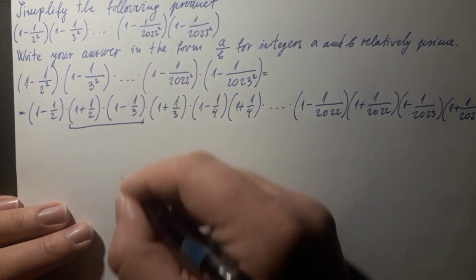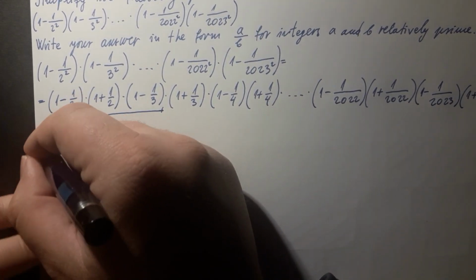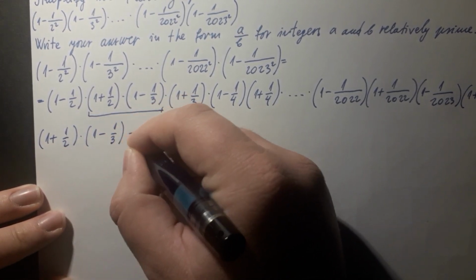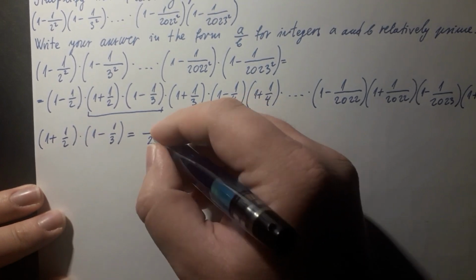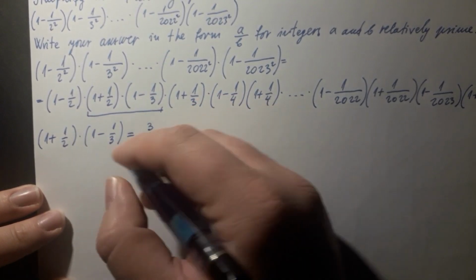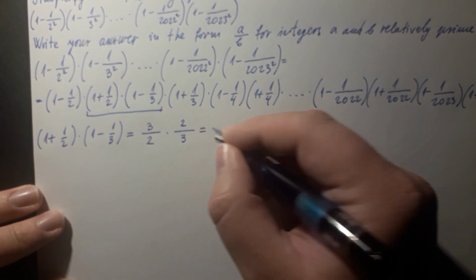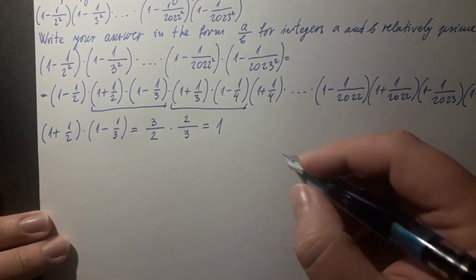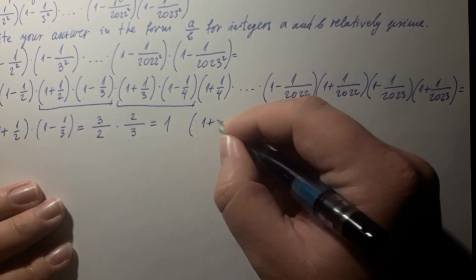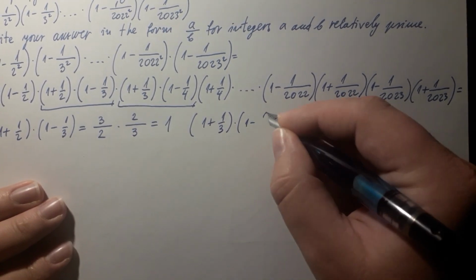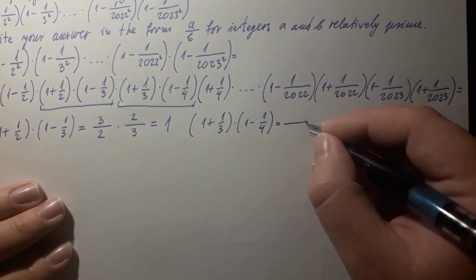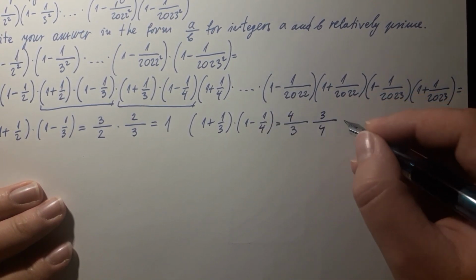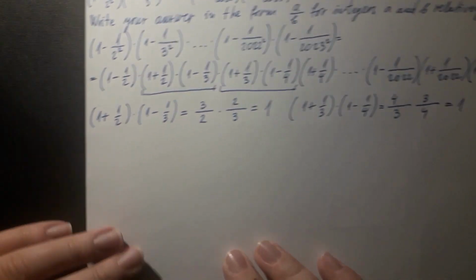Let's look at this multiplication right over here. 1 plus 1 half times 1 minus 1 third is equal to 3 over 2 times 2 over 3, and that is equal to 1. If we look at this multiplication right here, we're going to get 1 plus 1 third times 1 minus 1 fourth, which is equal to 4 over 3 times 3 over 4, which again gives us 1.